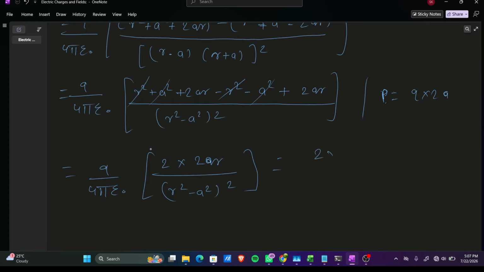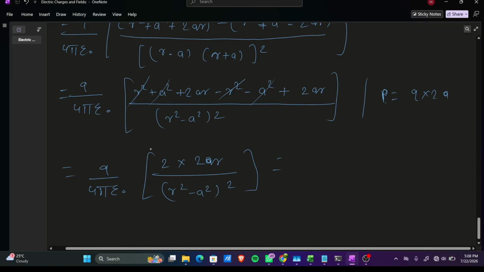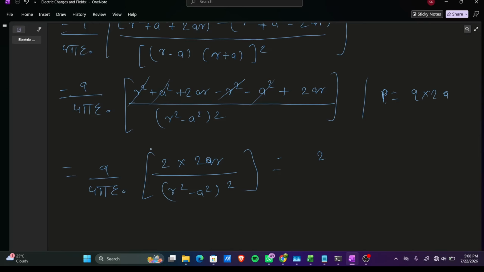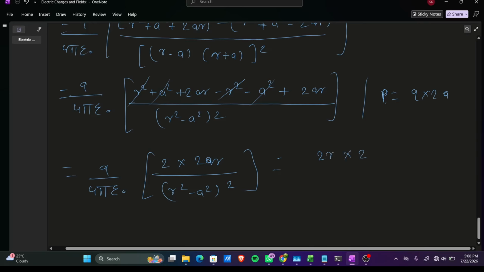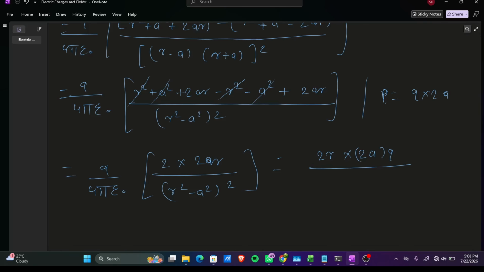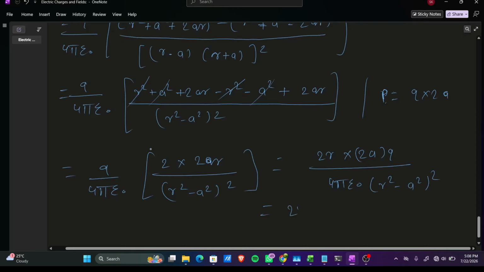So what I can do, I can write this as 2r into 2a into q upon 4 pi epsilon naught, and here will be (r square minus a square) whole square. This 2r will be as it is, and for this I can write p, and p is nothing but the dipole moment, electric dipole moment.